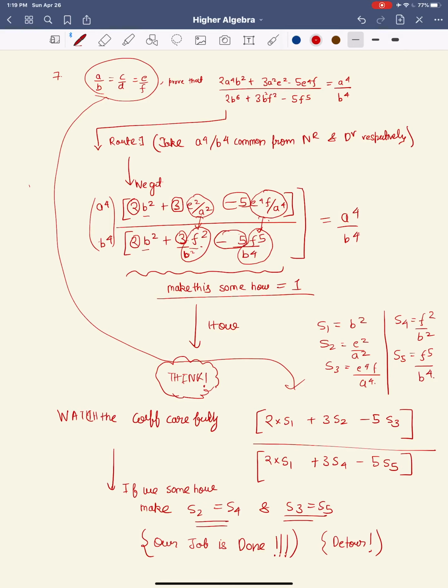If we substitute these, we get this. And as I already said, if we make S2 equal to S4 and S3 equal to S5, then we'll be able to prove what's being asked in this question.